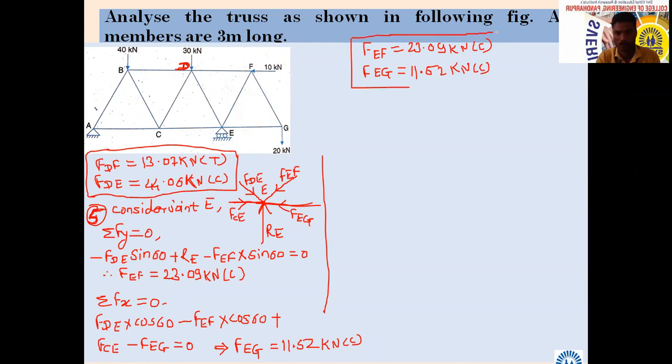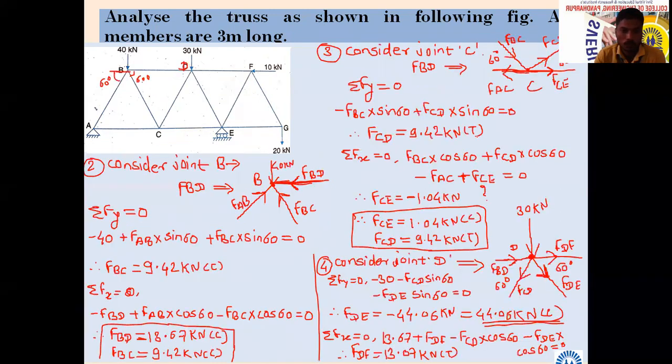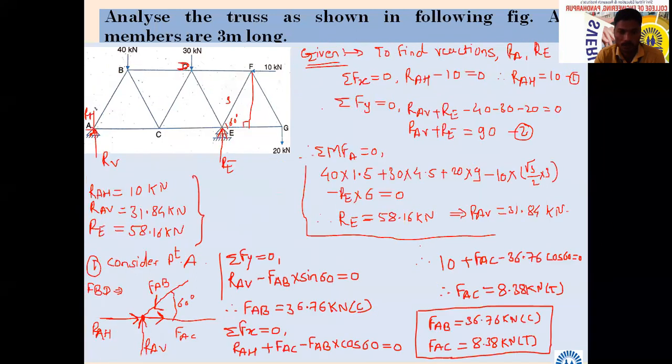Let it be whatever it will come, we will assume. In total, how many forces have we calculated from this truss? 10. These two plus these two is 4, plus these two 6, these two 8, and these two 10.